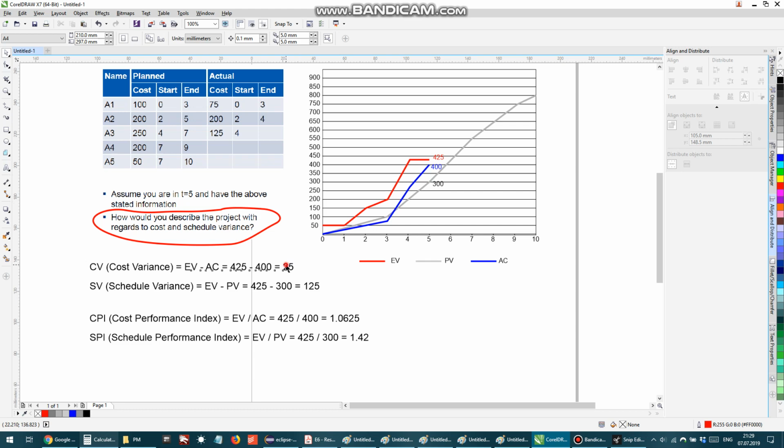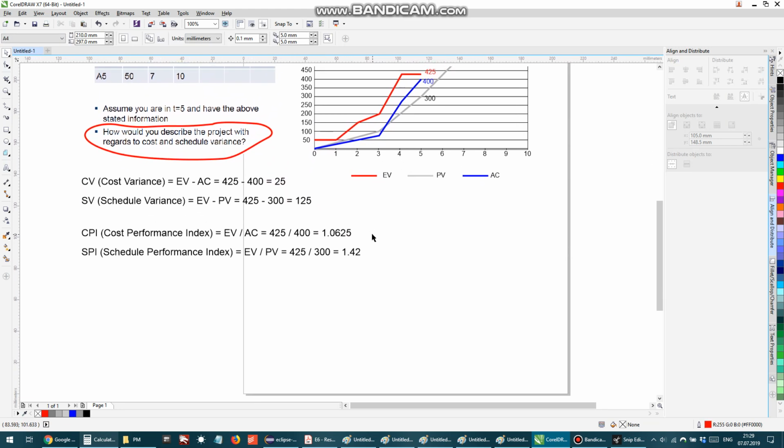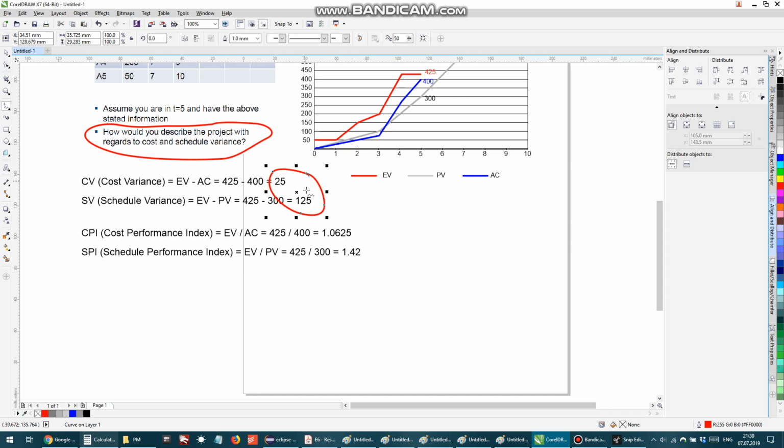Yeah, these are the indicators. So remember, here this result must be more than 0, and this result must be more than 1.